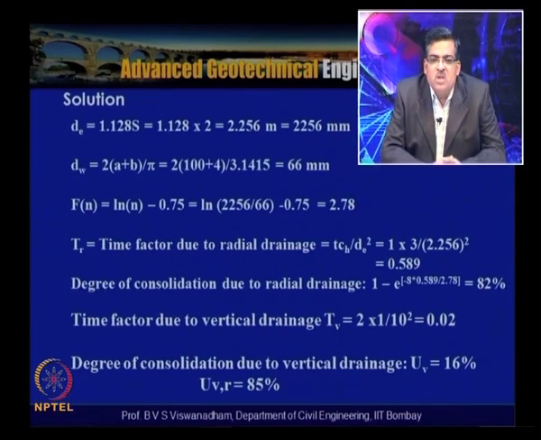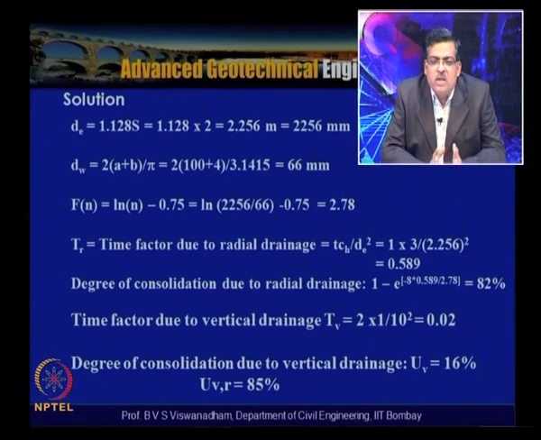And dW is the equivalent diameter of the well, which we consider as 2 into A plus B by pi, which is 2 into 100 plus 4 by 3.1415, giving 66 mm. Then you calculate Fn with the simplified version, ln n minus 0.75. So ln 2256 by 66 minus 0.75 works out to be 2.78.